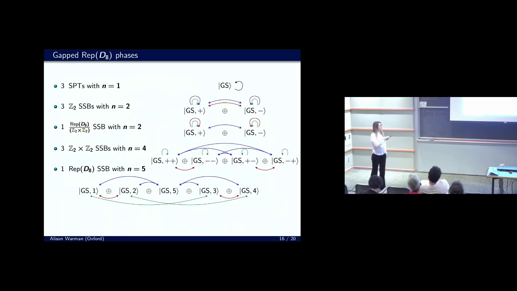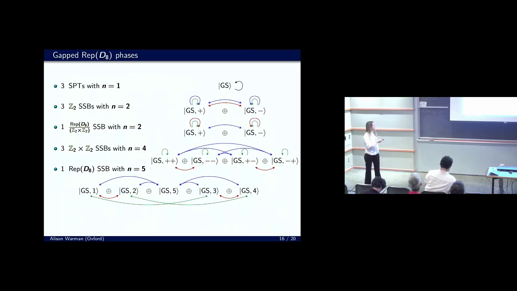There are 11 gapped phases with all these symmetry structures. There are 3 SPTs and 3 Z2 SSBs. This Rep(H8) mod Z2×Z2 SSB, where the invertible Z2×Z2 is preserved and this two-dimensional E swaps them. Then we have these Z2×Z2 SSB, so we have 2 copies of Z2, in which the non-invertible symmetry is fully broken.